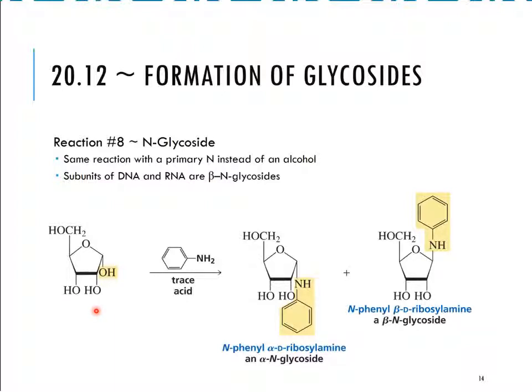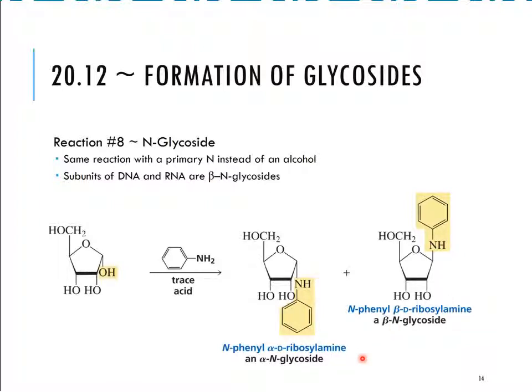It wouldn't matter, just as long as it's in cyclic form. So same mechanism, same idea. We're attaching that nitrogen group at carbon number 1, and it can point in the down position or in the up position. The reason we're specifically looking at this one is because these are the subunits of DNA and RNA.